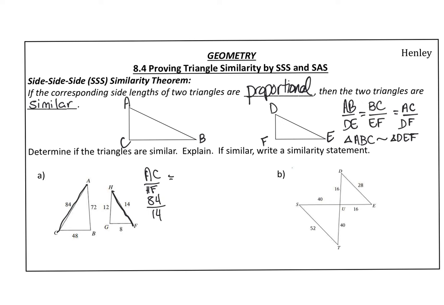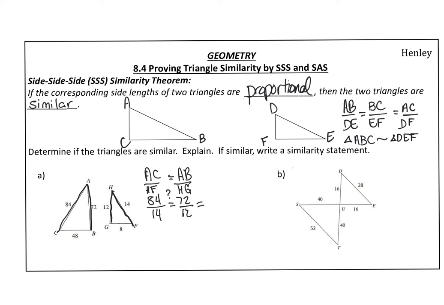Now, the next set we have is AB, which corresponds to HG, and that is 72 over 12. And we're looking to find out if these are in fact equal.